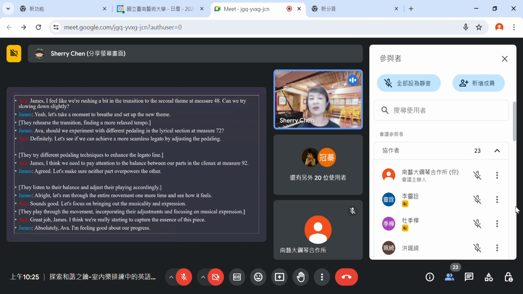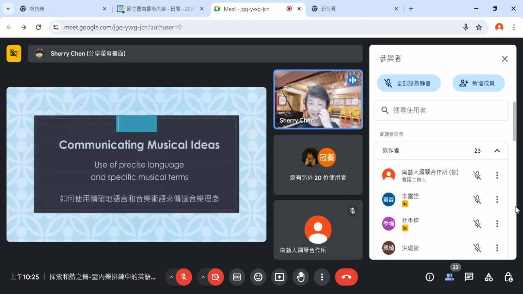Okay, so it's all very specific. So this is a good way to communicate with your partners when rehearsing. So be specific and be collaborative and be polite. Okay. So they pack up their music, feeling satisfied with the rehearsal. So that's the end of the rehearsal.